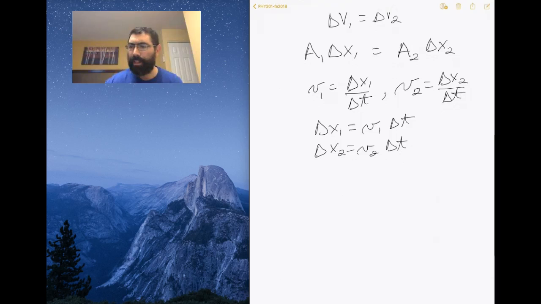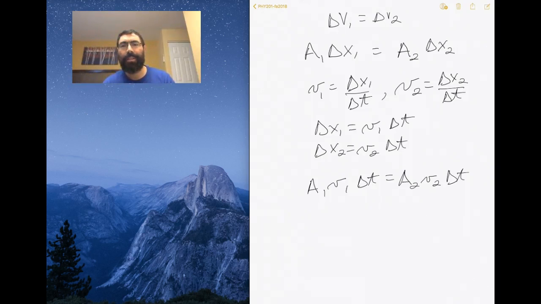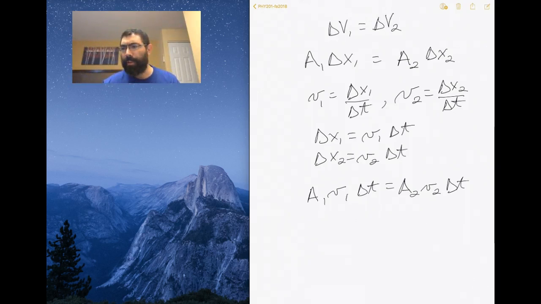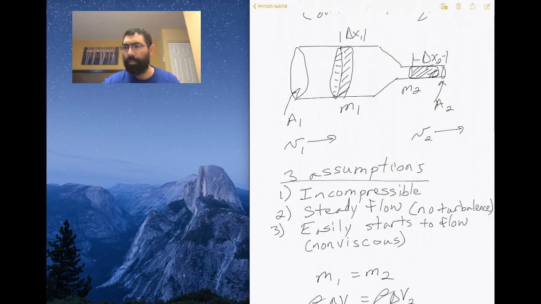If we plug that back into our equation, we have A1 v1 delta t is equal to A2 v2 delta t. So we're measuring basically the same time span, the same amount of time it takes this volume up here to move a distance delta x1 and this volume to move a distance delta x2.